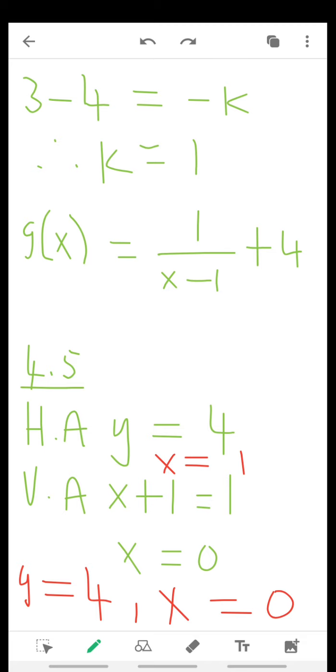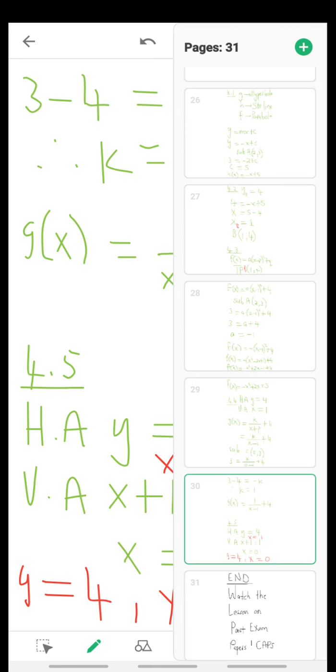So where there was x, if I substitute x plus 1, then the 1 and the 1 cancel. Then I'm left with x equals 0. So that means my asymptotes will be x equals 0 and y equals 4.